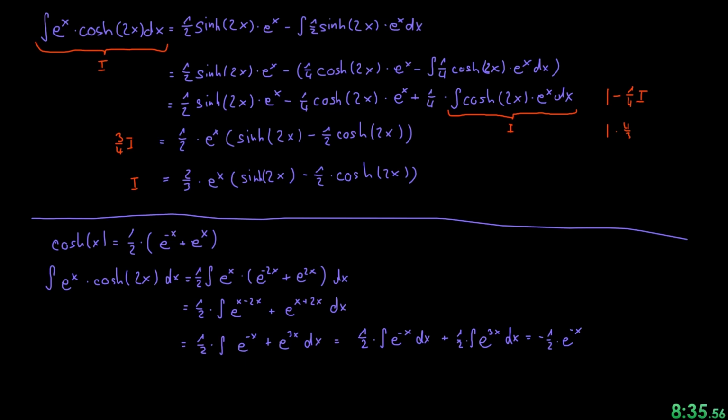That's times a half, which is equal to 1/6. So we have plus 1 over 6 times e to the 3x. And those are two solutions for this integral.